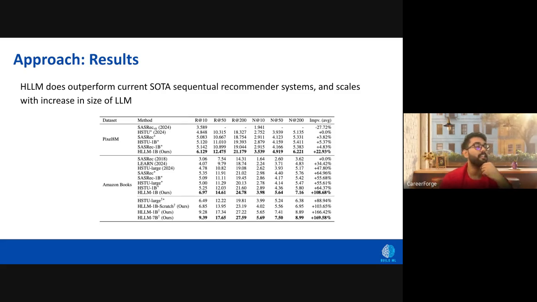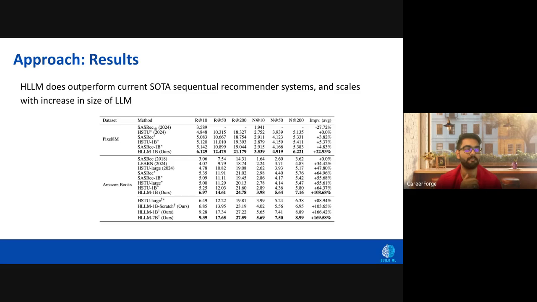Now, the most important question: do LLMs outperform the SOTA sequential recommendation models, which is like SASRec, and the one that they chose is HSTU? So yes, they show that it does outperform, by an improvement of like 22%, which is pretty good.